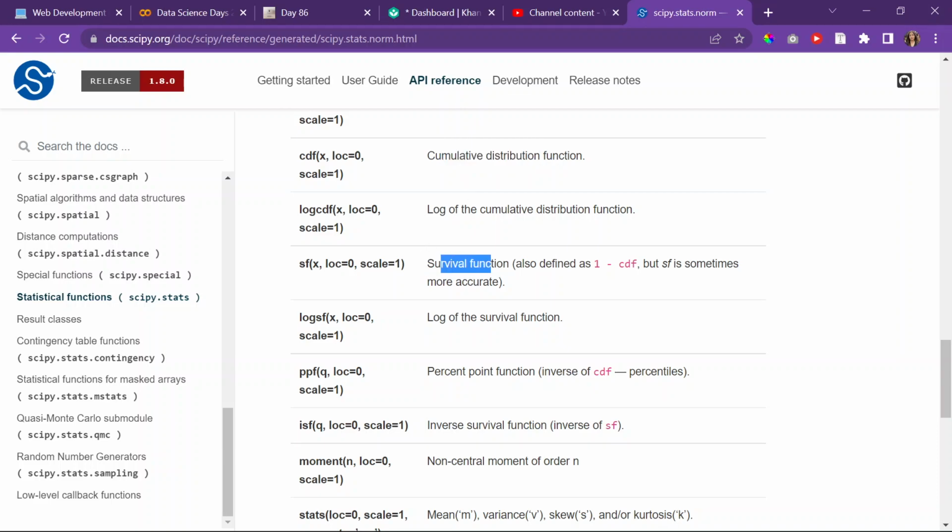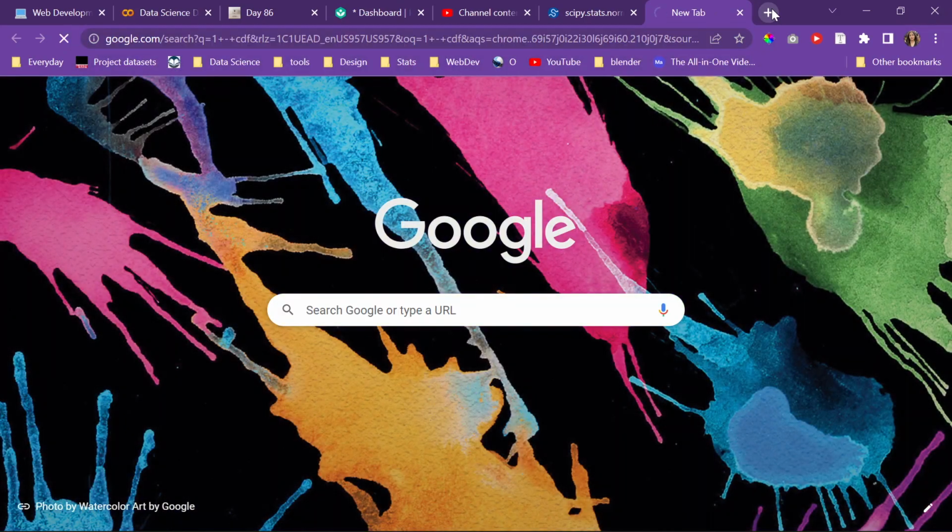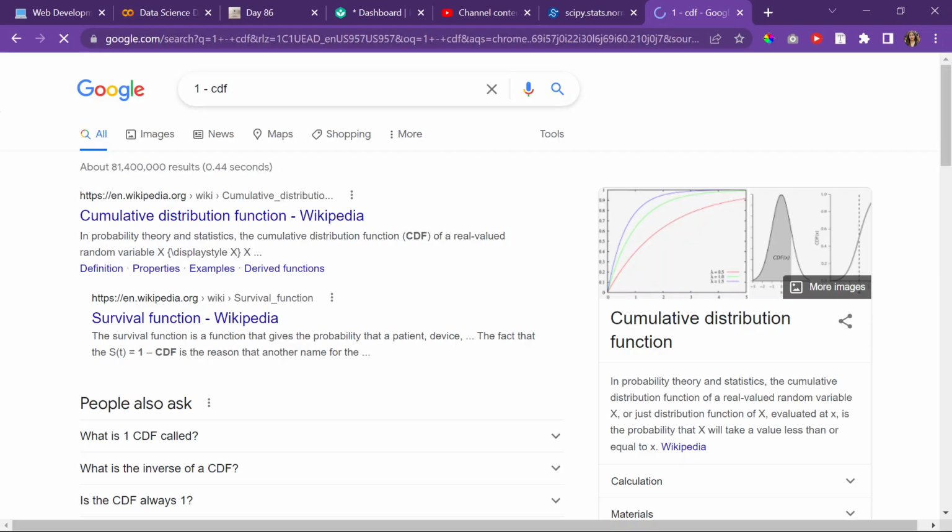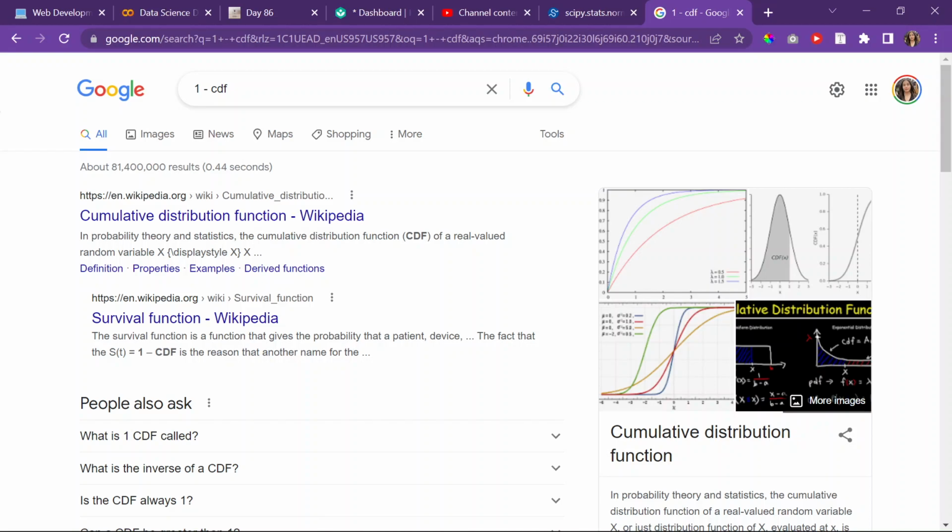SF is a survival function, also defined as 1 minus CDF, but SF is sometimes more accurate. Interesting. 1 minus CDF is basically what we would want if we were to use anything that's greater than the cumulative distribution function.